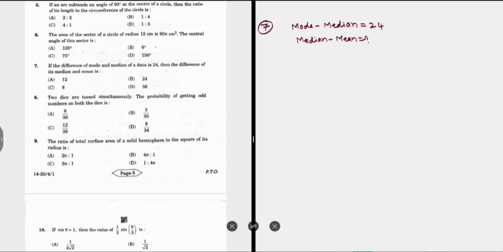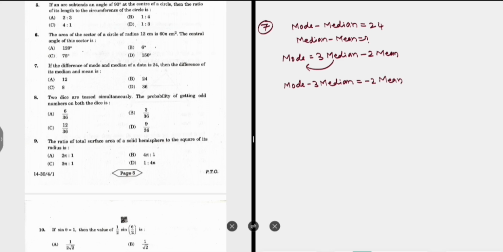We have an empirical relation formula between mean, median, mode. That is, mode is equal to 3 median minus 2 mean. So by this, let's send this 3 median this side. Then we get mode minus 3 median is equal to minus 2 mean.